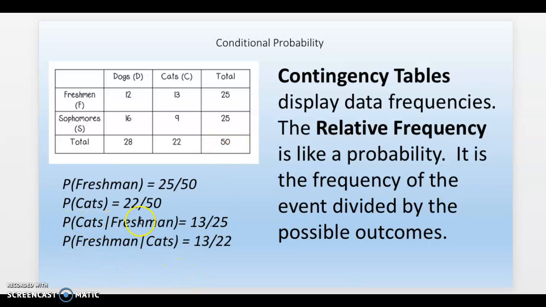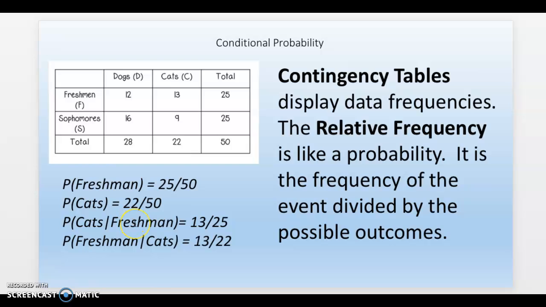But down here is conditional probability. It's a little different. You don't use this total down here. You don't use 50. All right, the sample space is constrained in conditional probability. You can look back on this. We'll look at some examples. Again, this is cats.